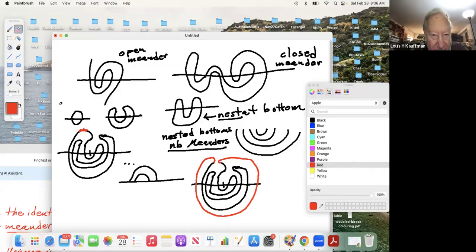And if you do that, then you will go from a meander with, in this case, a four nest to a five nest. And if you think about this for a while, you'll see that you are actually enumerating all possible nested meanders.